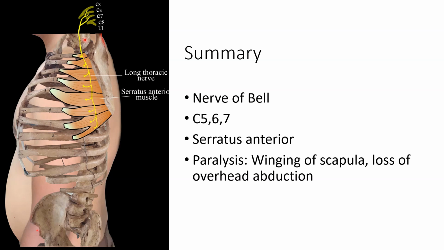And paralysis of this muscle, which is supplied by the long thoracic nerve, causes winging of scapula, and can lead to loss of overhead abduction. So hope you have understood about the long thoracic nerve of Bell or nerve to serratus anterior.